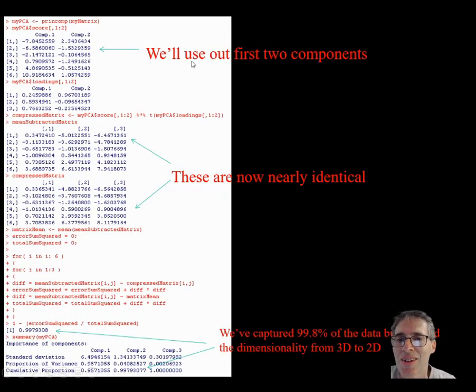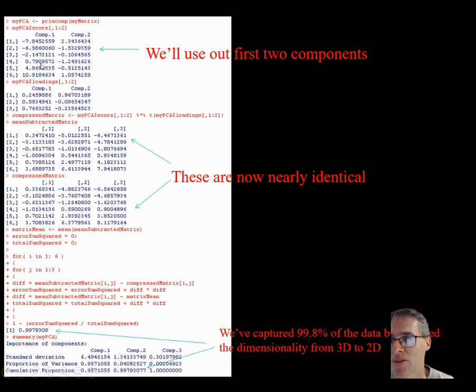So what this looks like in practice: if we're storing our data in these 2 components, and when we take these data and rotate them back to get our original data, and then form this error sum squared, we actually capture 99.8% of the data.